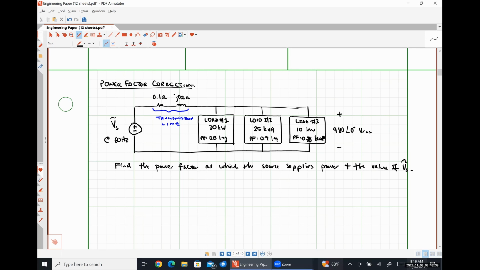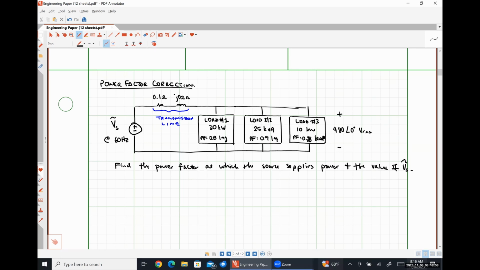So, unless I'm vastly mistaken, this is the first time you guys have ever seen a circuit expressed in this form. And so we are going to have to think about what our steps should be in order to solve something like this. Okay?